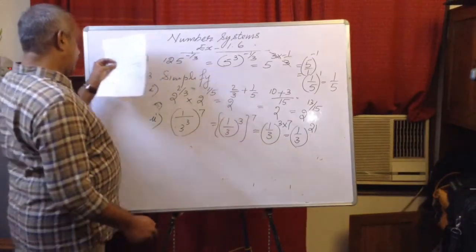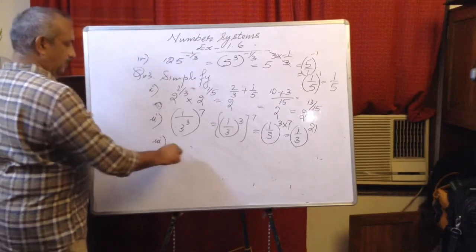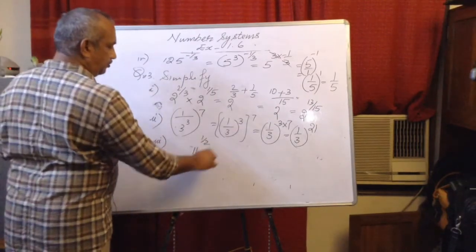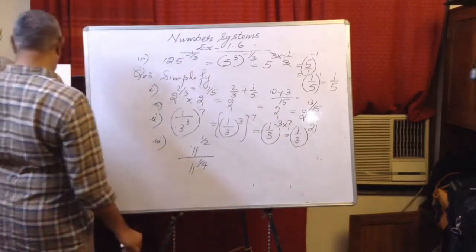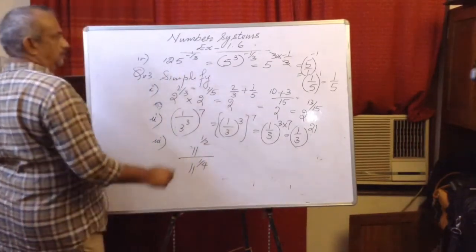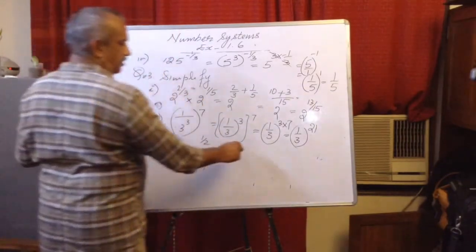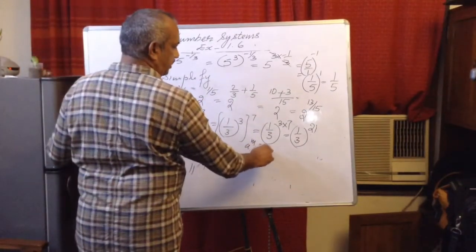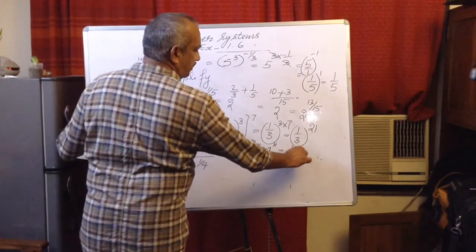Now second last question. Say 11 raised to 1 upon 2 upon 11 raised to 1 upon 4. Now a rule says a raised to m divided by a raised to n is equal to a raised to m minus n.